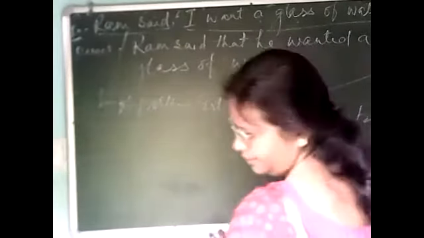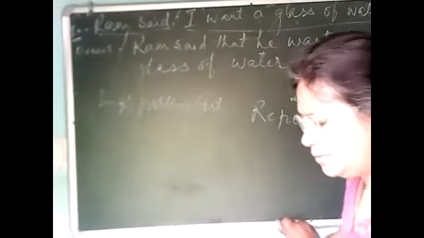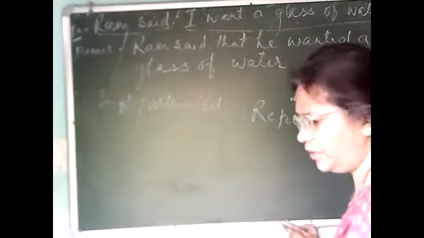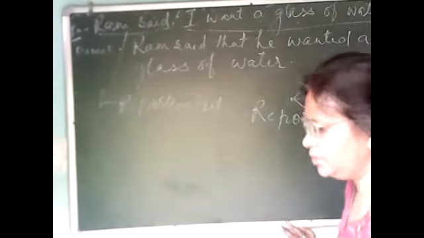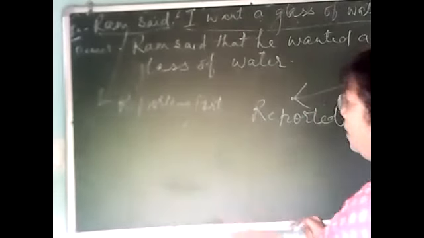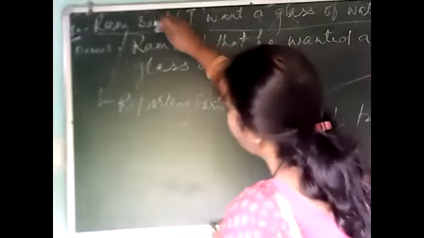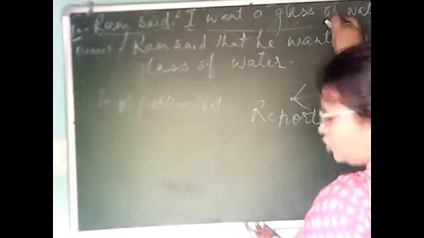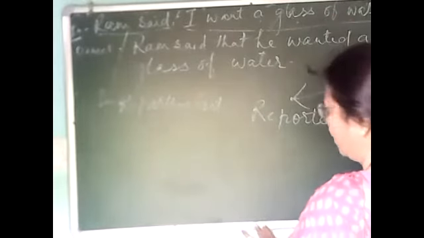मैम नरेशन में मैम टू टाइप्स के सेंटेंस स्पीच होगा मैम, डायरेक्ट एंड इनडायरेक्ट ना. Yes, that I am explaining. इतनी देर से तो वही explain कर रही हूँ ना. So, okay. This is reporting part. Ram said, reporting part. I want a glass of water. Reported part.